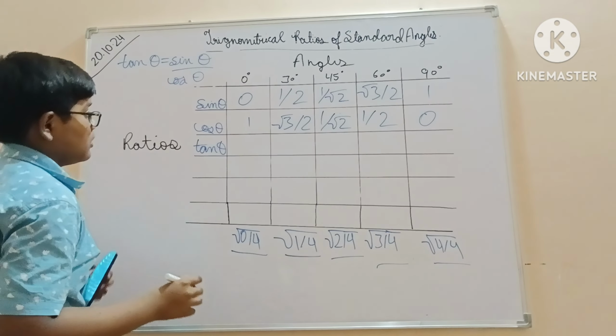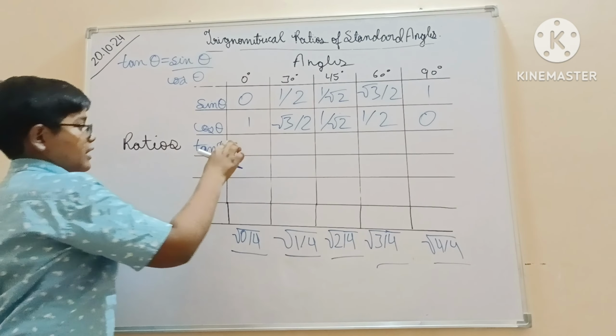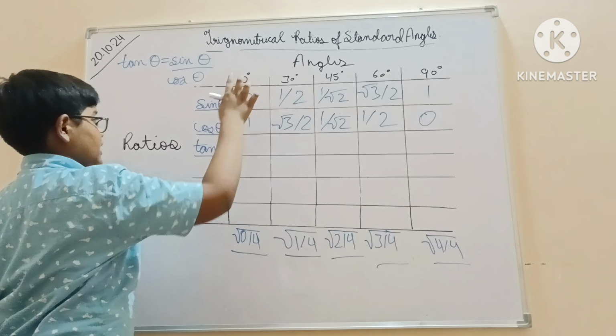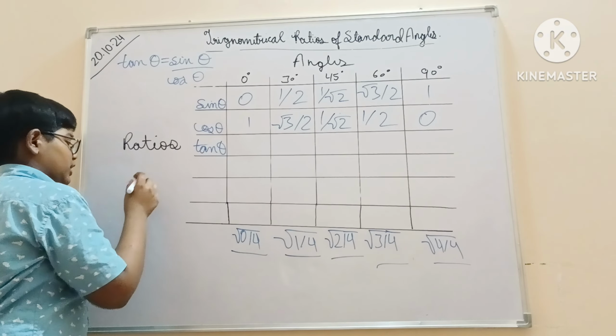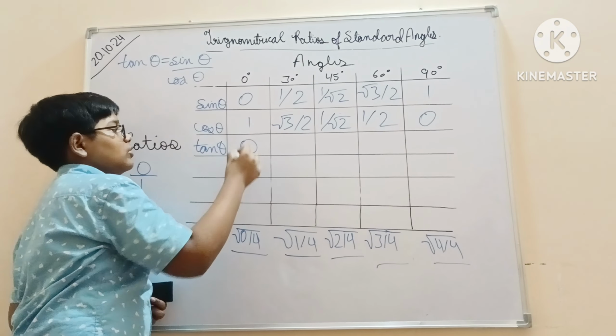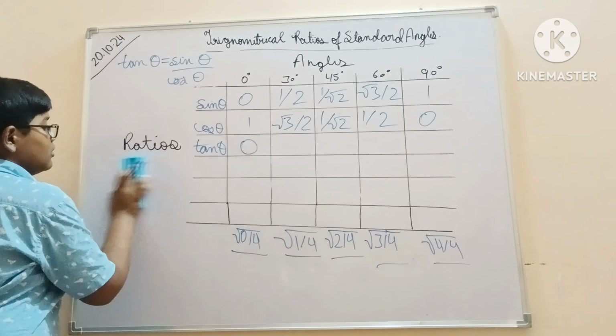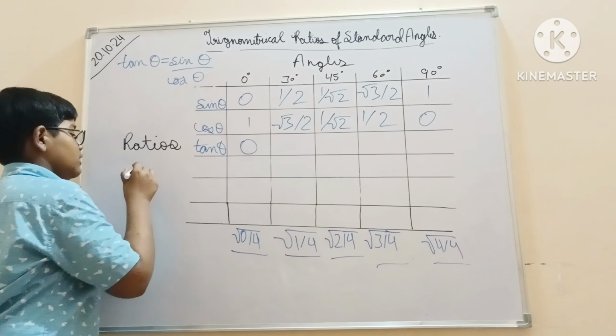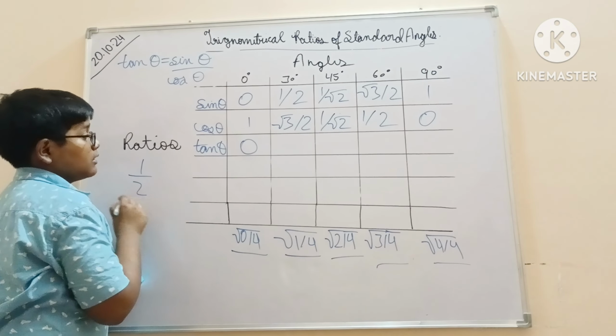So we will find the value of tan 0 degree by sin 0 degree divided by cos 0 degree. It will be 0 divided by 1, which is nothing but 0, and tan 30 degree will become sin 30 divided by cos 30.